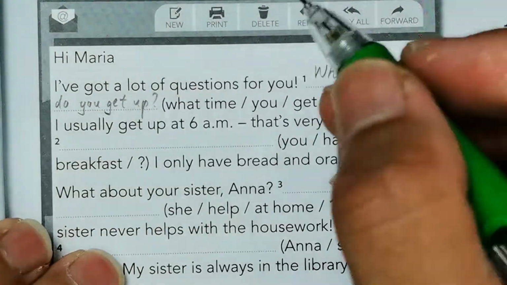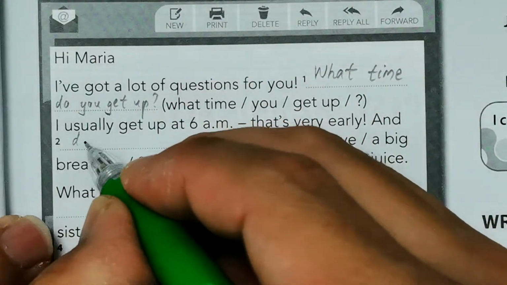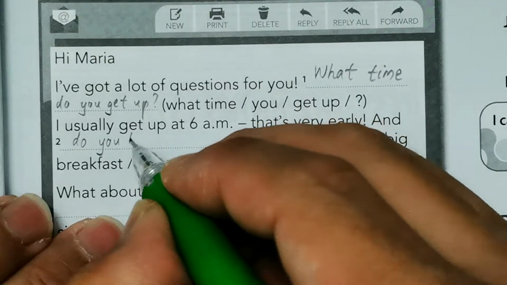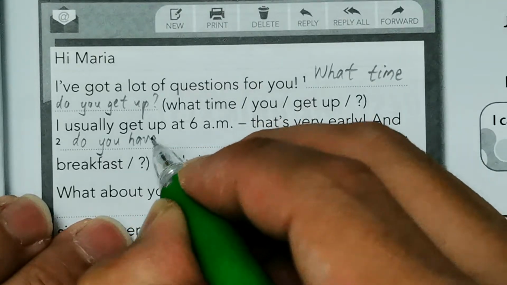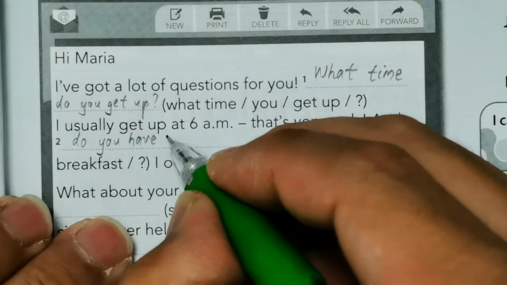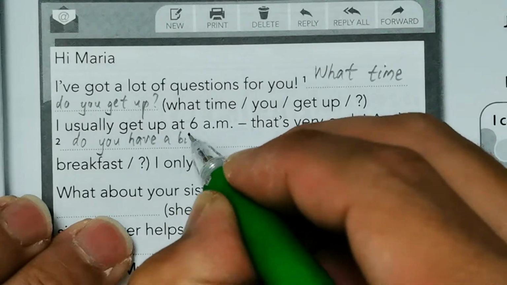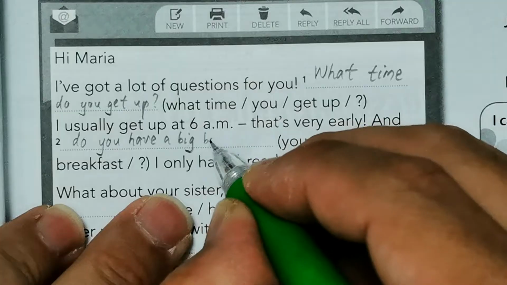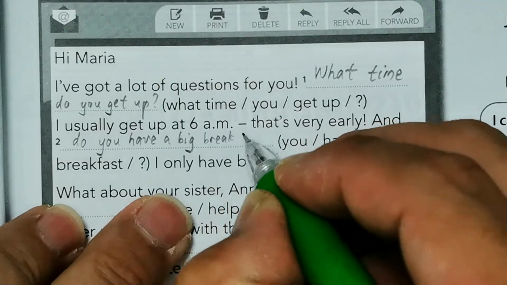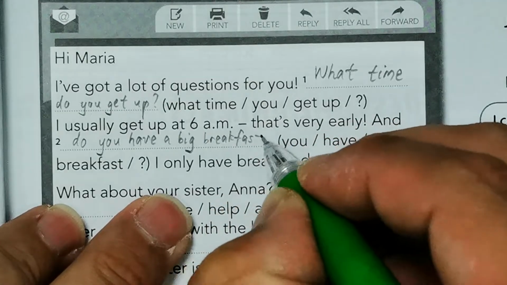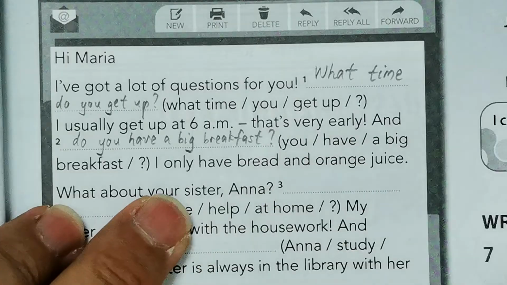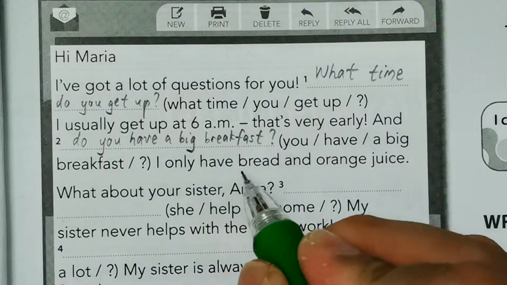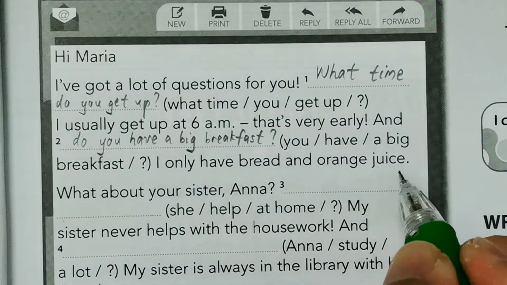So, do you have a big breakfast? And then a question mark. So next, I only have bread and orange juice.